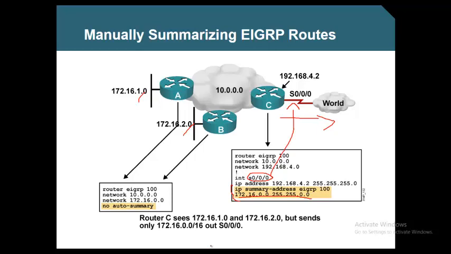Only when router C advertises this, it is advertising just a summary out on serial 0. So this is possible by doing interface level summarization, which is also called manual summarization.